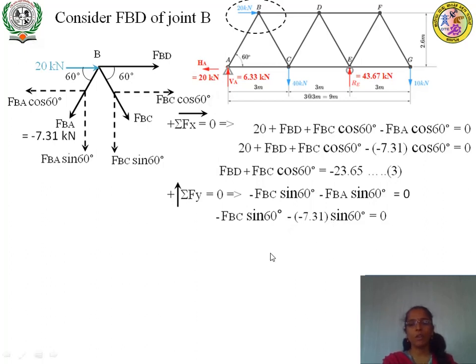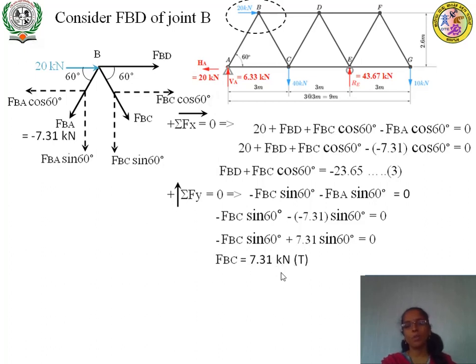So therefore, to simplify it, minus FBC sin 60 plus 7.31 sin 60 equals 0. Hence, if you simplify it, sin 60 will get cancelled. Therefore, FBC is equal to 7.31 kilonewton tensile. Positive means tensile. Okay. So this is negative, this is positive, therefore it will have a positive value.